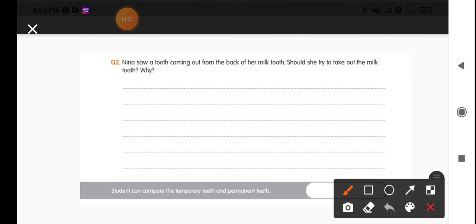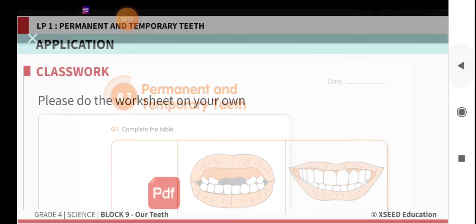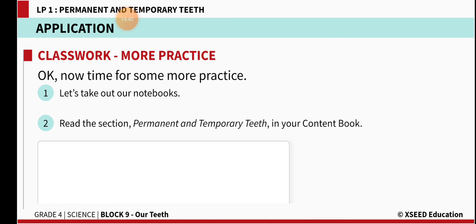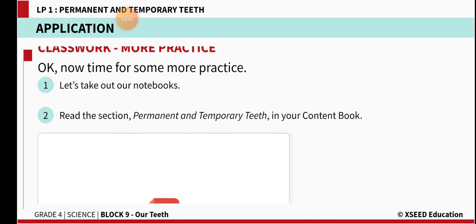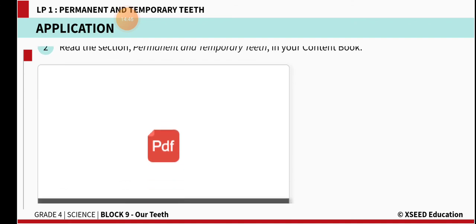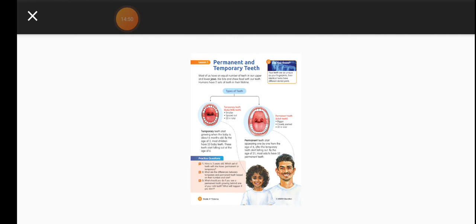Okay, so now we will see the content book practice questions. What are the practice questions given in this particular chapter? Before answering this, you read page number 10 from the content book clearly, and then come to the practice questions given on page 10.